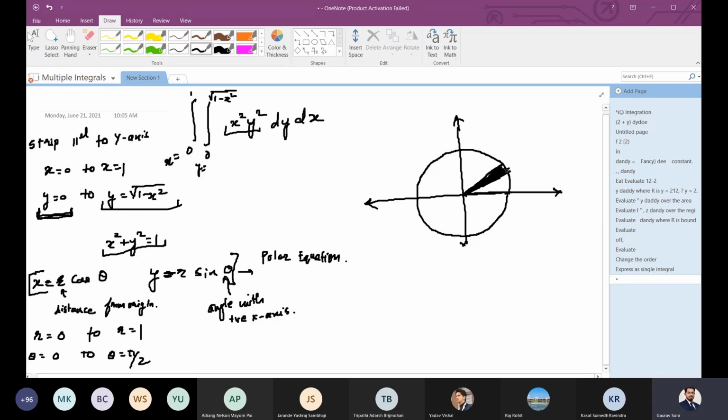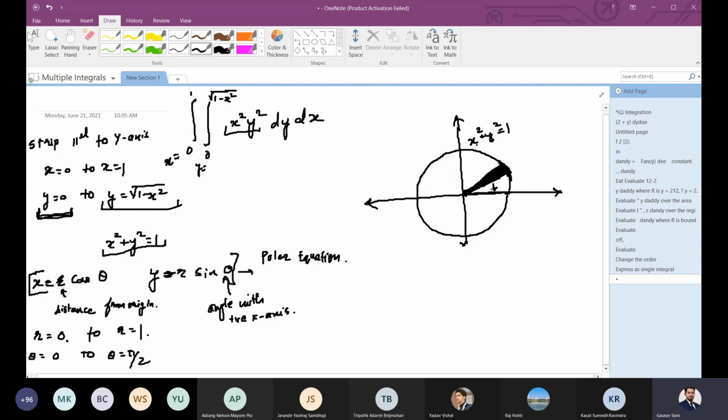Now we look at the strip. The strip starts from origin, which means the value of r is 0, and it ends at the circle. The equation of circle is x square plus y square equal to 1. So you put x equal to r cos theta, y equal to r sin theta and solve. You will get r equal to 1. So we can see that the value of r is going from 0 to 1. Now how are you going to move this strip?